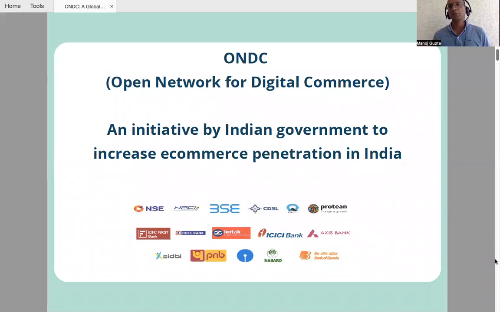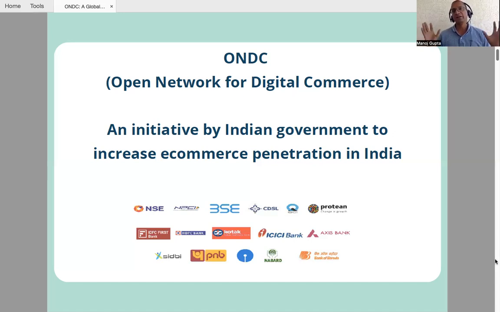It is designed for people to participate without bias, without friction, so that anyone who wants to buy or sell can democratically participate in the network and do so freely. It is designed for large enterprises, large buyers and sellers, but also for very small buyers sitting in rural India who have probably never transacted on e-commerce, and for sellers who today are not able to sell online for a variety of reasons.